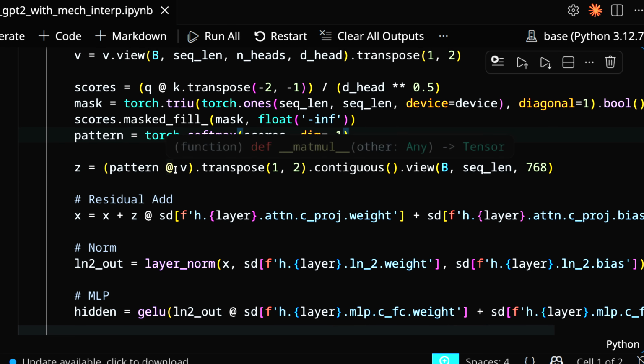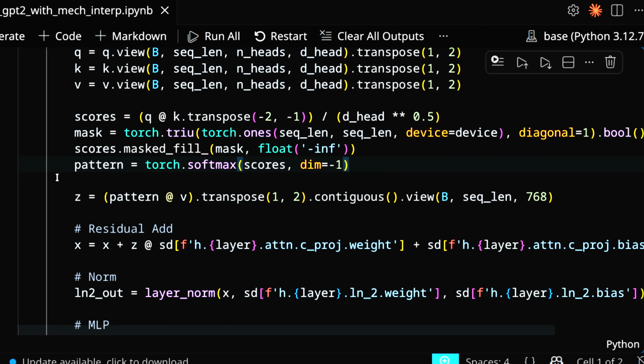So once it comes down here, it basically concatenates the stuff back together after the attention heads so that it's one long vector, 768.